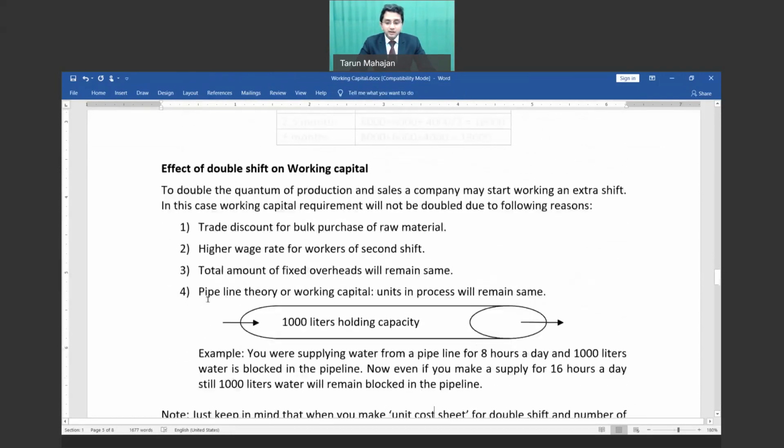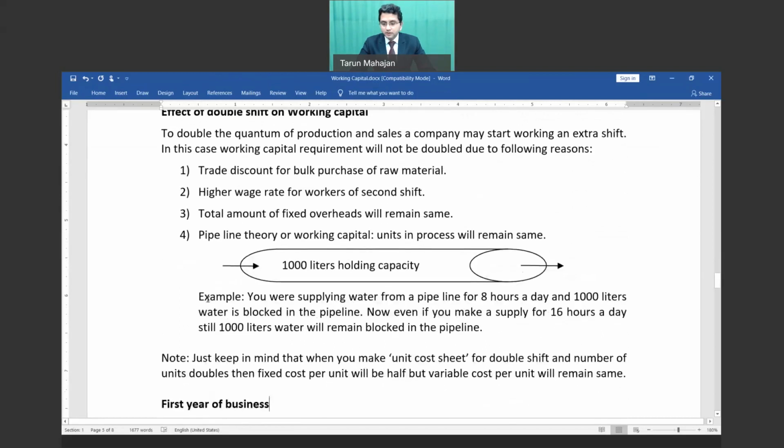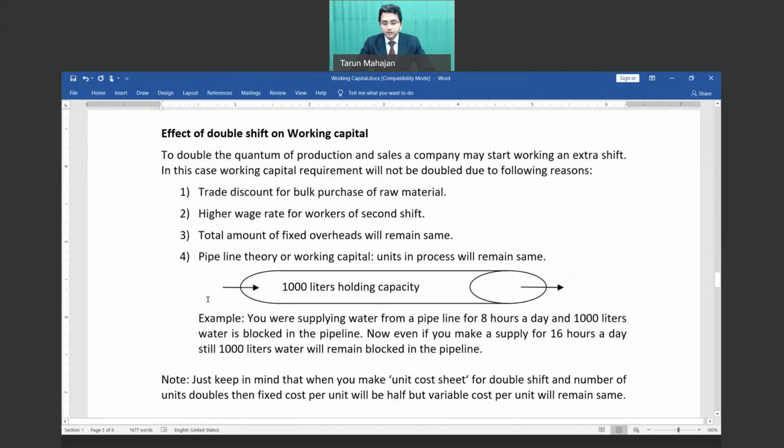Now, the last thing that we would like to learn about this chapter is the effect of double shift on working capital requirement. Look, if the demand for the product rises, I'll have to make more production.